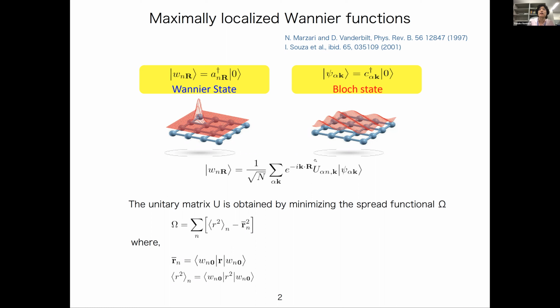And here we have a unitary matrix U. Basically this is arbitrary, but we can uniquely determine this unitary matrix by minimizing the spread of the Wannier functions like this. This is the idea of the maximally localized Wannier functions.